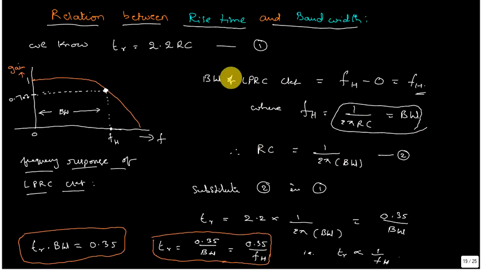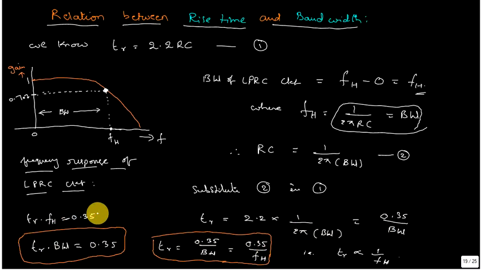Substitute this second equation in the first one. So TR is equal to 2.2 into 1 by 2 pi bandwidth. 2.2 divided by 2 pi equals 0.35 divided by bandwidth. Bandwidth is nothing but upper cutoff frequency for low pass RC circuit, so replacing bandwidth with fH, TR is equal to 0.35 by fH. Otherwise, TR into bandwidth is equal to 0.35, or TR into fH is also equal to 0.35.